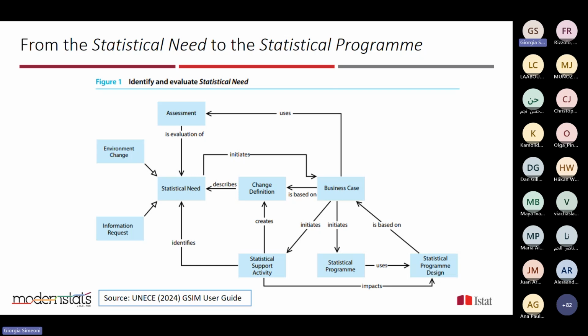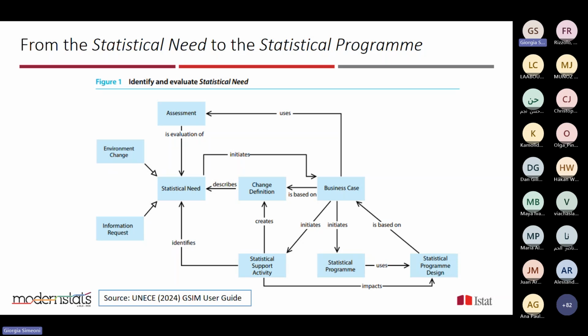For example, it can come from an external environmental change, let's say a change in legislation, or from an information request from the users. The environmental change can also be a new data source that is available, or, for example, a new methodology, a new technique that has been developed.